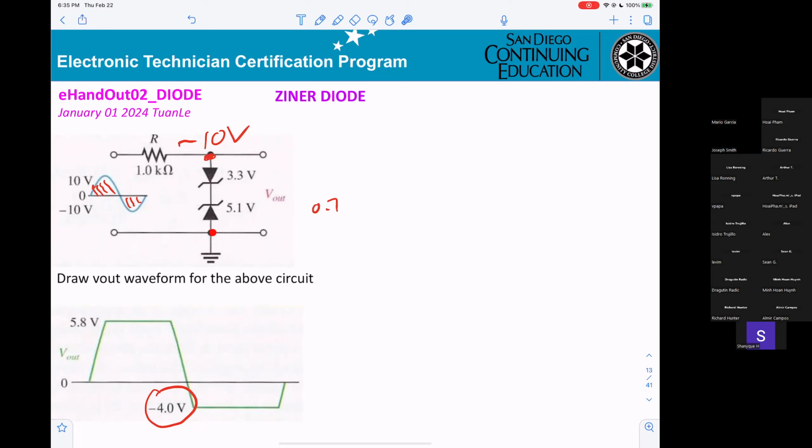If this guy is 0 here, oh, okay, I see. This is grounded in here. So it's minus 10, and the voltage here will be 0. Then this guy will break down.